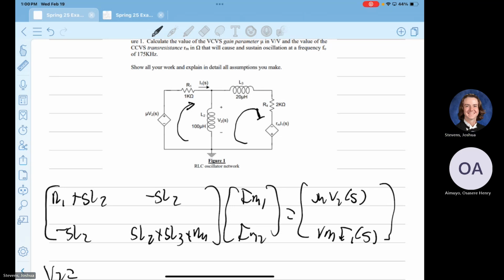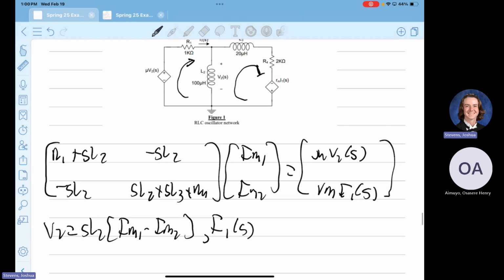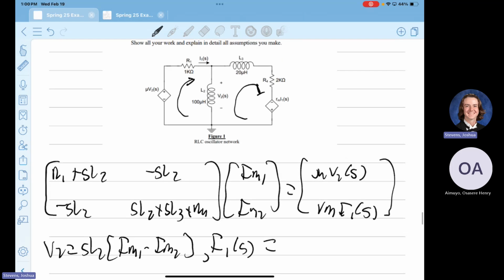I'm just gonna work it around a little differently. SL2 times IM1 minus IM2. And then also we need to find I1 of S, which equals what, in terms of mesh currents? And I1 is up here. What does I1 equal in terms of mesh currents?